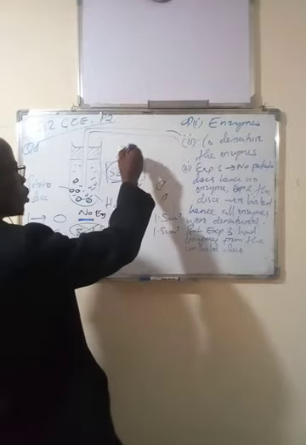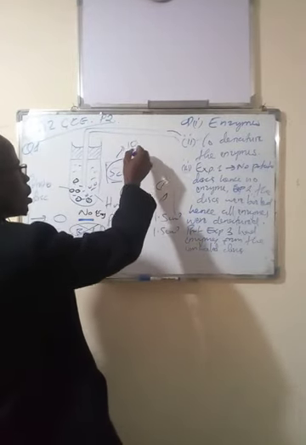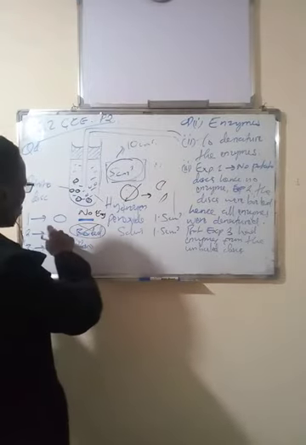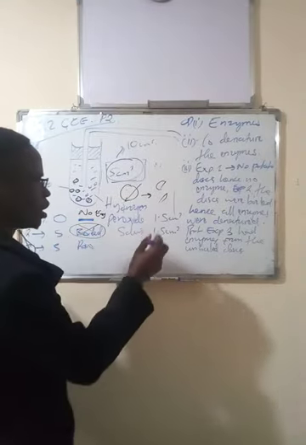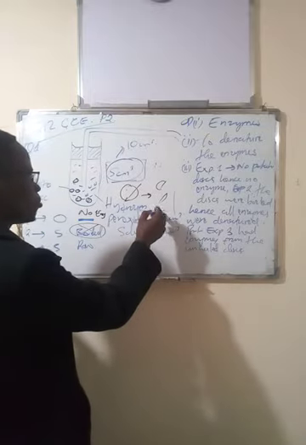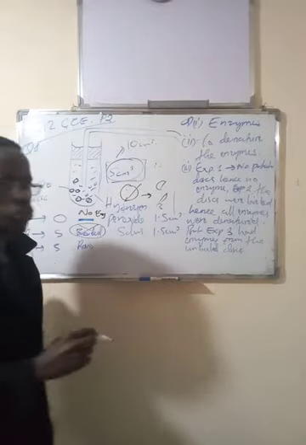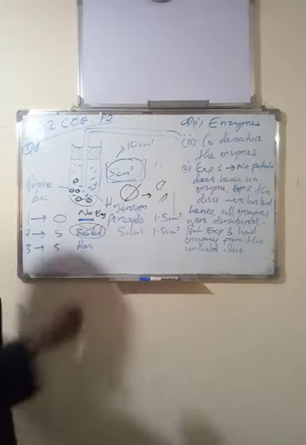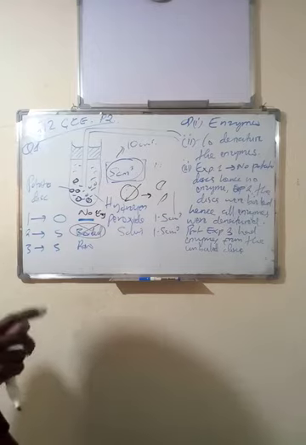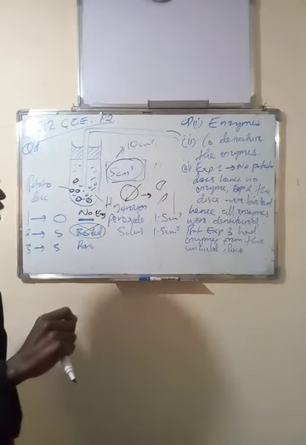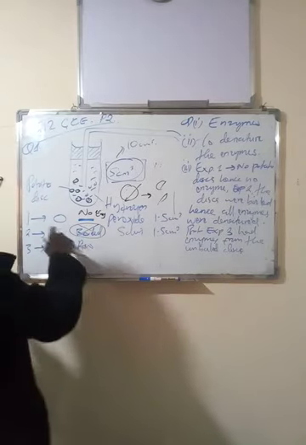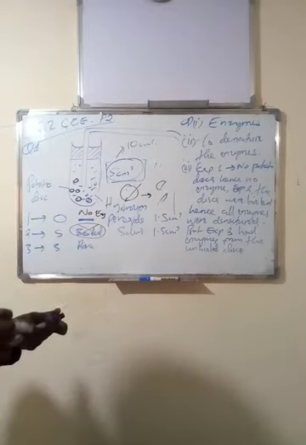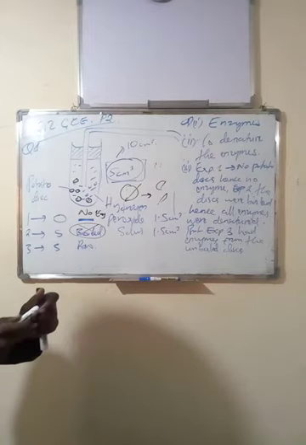Let's say, for example, if it was 10 cubic centimeters, then we would expect that the volume, even here where there are no enzymes, would increase by 2. So it would be maybe 3 cubic centimeters. But as long as the substrate, which is hydrogen peroxide, remains constant, what is going to happen is that in the first and the second experiments, we're going to have the same amount of oxygen being produced.